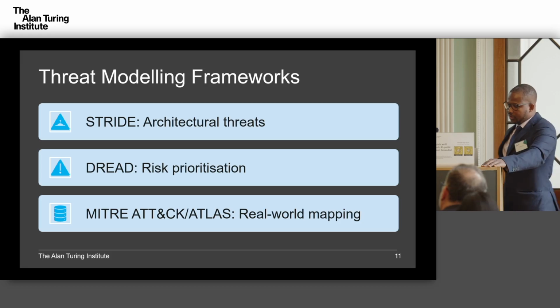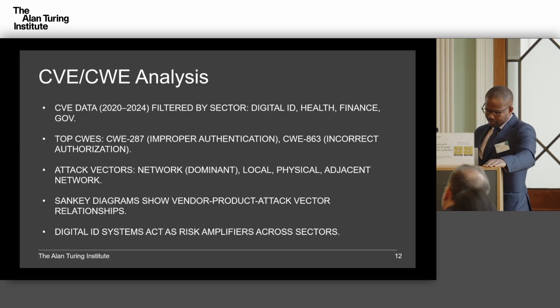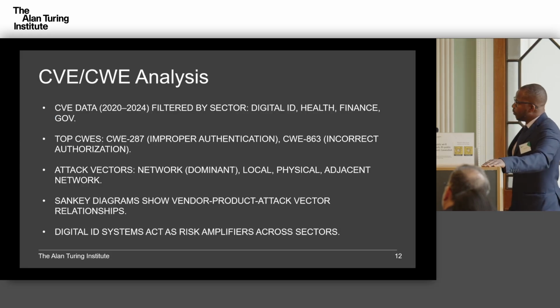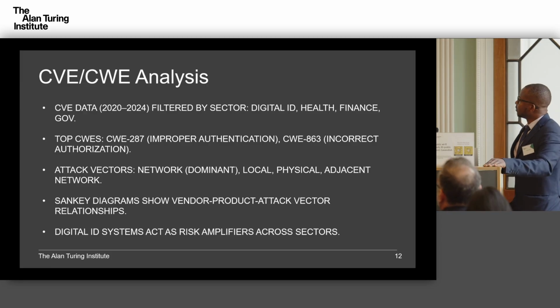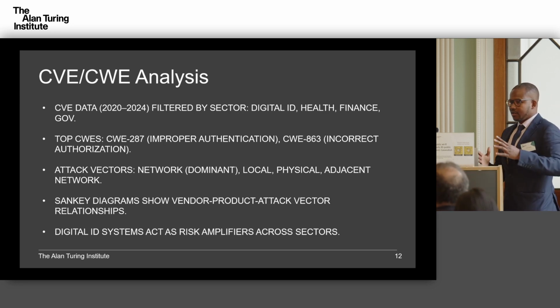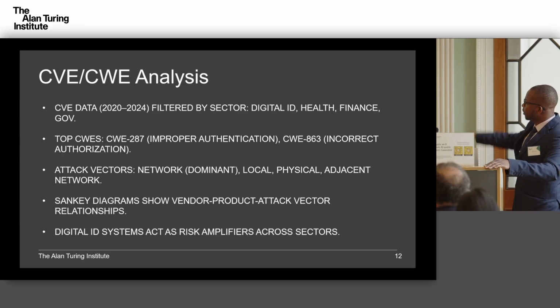The threat modeling frameworks, as I explained, the STRIDE, the DREAD, and the META attacks, were used. The CVE data analysis showed that the data was segregated in terms of digital ID data, health data, and finance data.